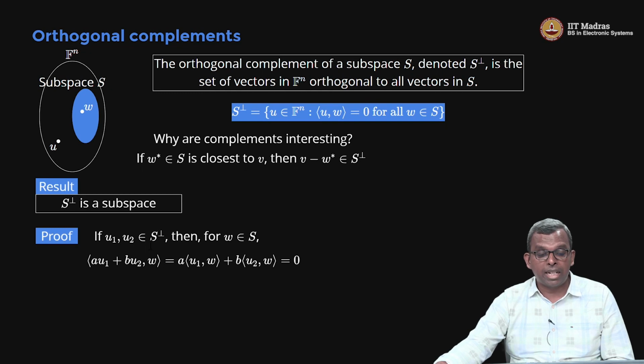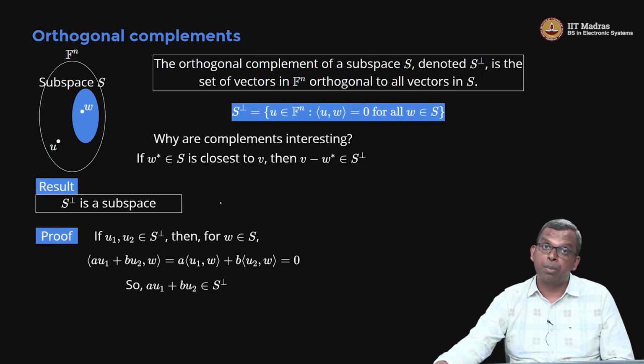But u1 and u2 are in S perp, which means the inner products of u1 with w and u2 with w are both 0, because w is in S. So this will end up being 0. Any linear combination of u1 and u2 also shares the property that it is orthogonal to every w in S. So a u1 plus b u2 also belongs to S perp. So, S perp is a subspace. The orthogonal complement is not any old set; it is actually a subspace. We are learning more about S perp.